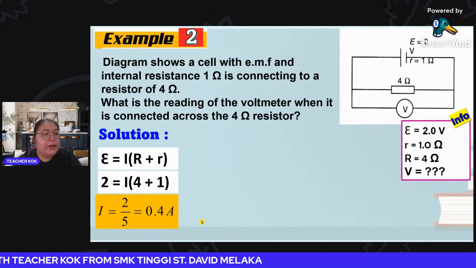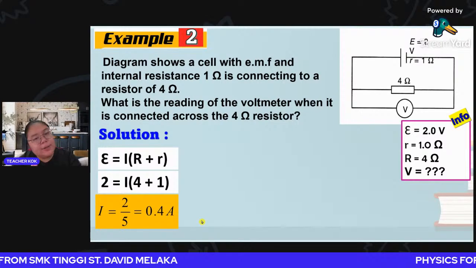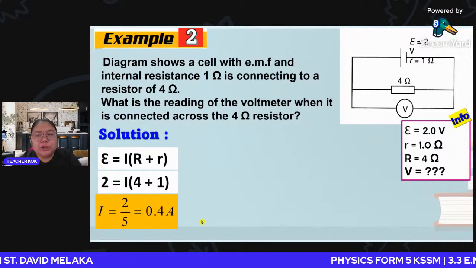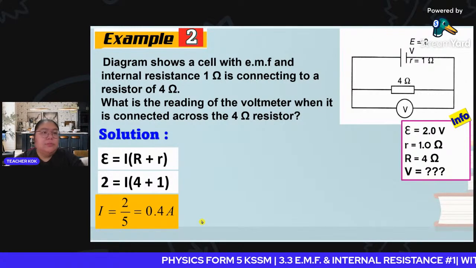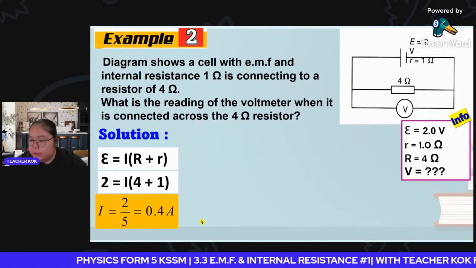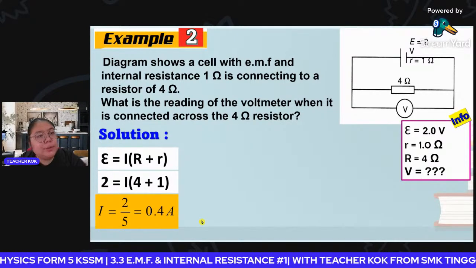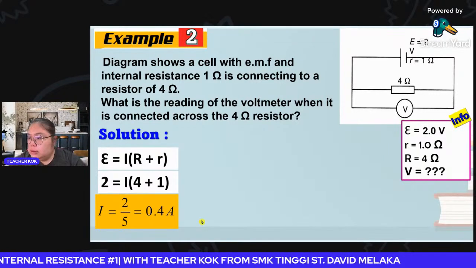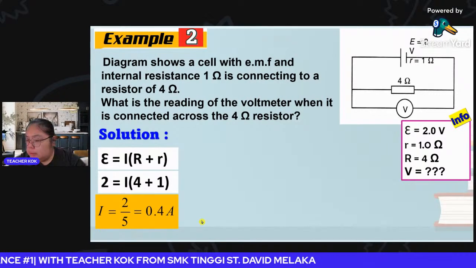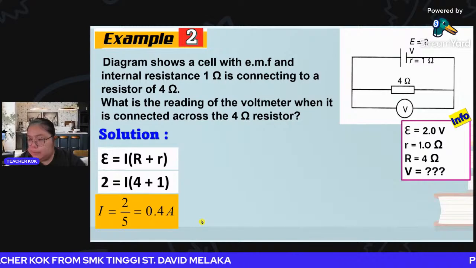I helped you find the current already. So now the second part you need to do is find the potential difference across the 4 ohm resistor. Okay, we just see the answer from the students. It's just a simple question. Anybody here can answer?